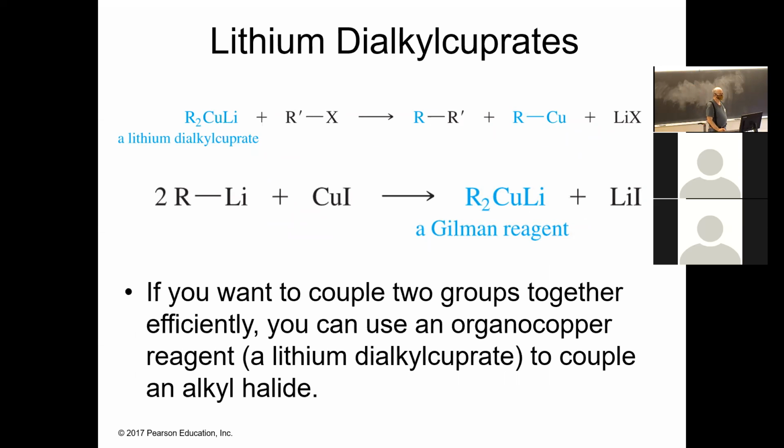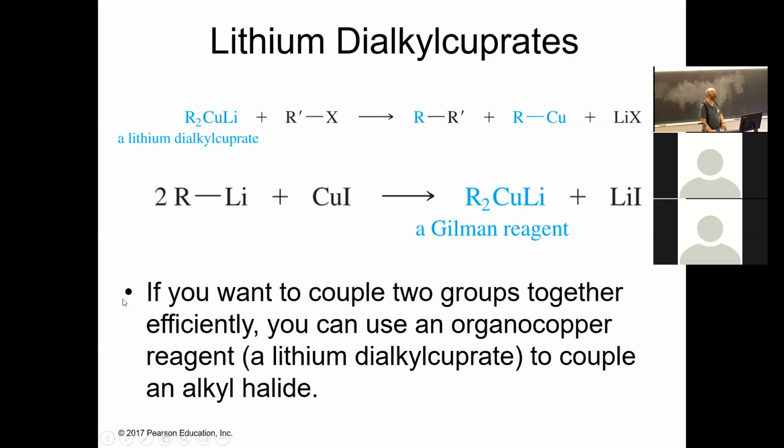This is not a method of making alcohols, but this is included because it's under the theme of organometallic reagents. The main thing I want to emphasize here is that this is a lithium dialkyl cuprate, but only one of these alkyls is going to add.